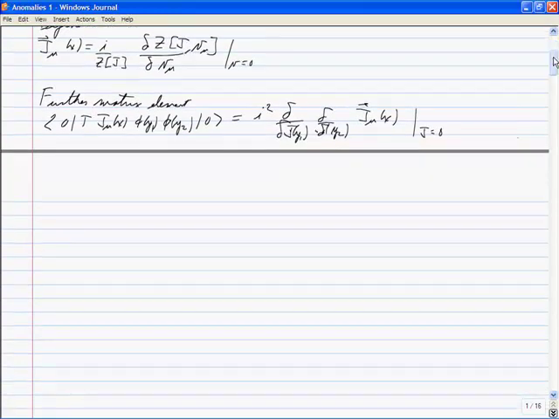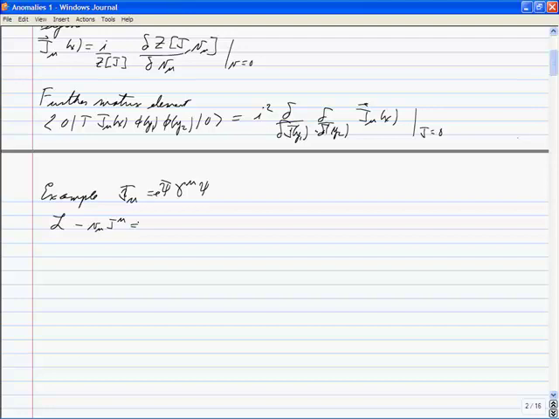If you want to just see an example, if I take J mu as psi bar gamma mu psi, and put an e there for the real electromagnetic current, the Lagrangian minus V mu J mu then turns into, for fermions, psi bar i d mu plus e V mu gamma mu psi minus m psi bar psi.